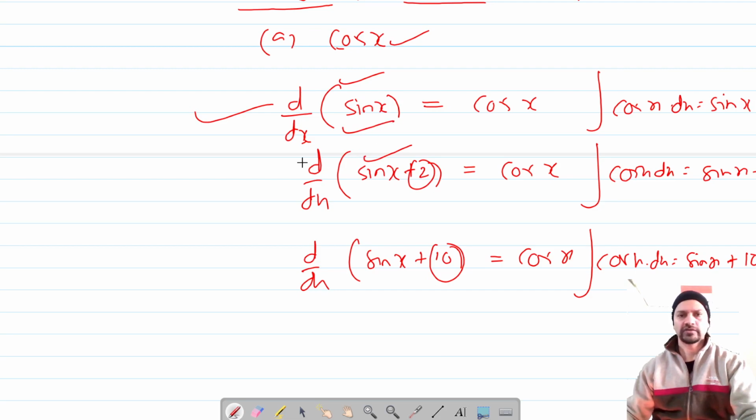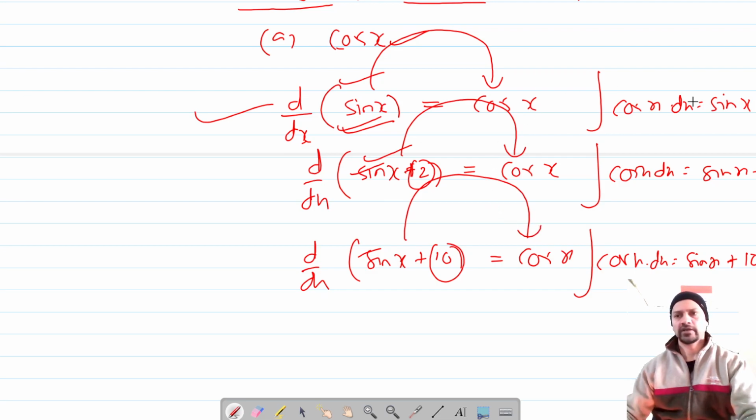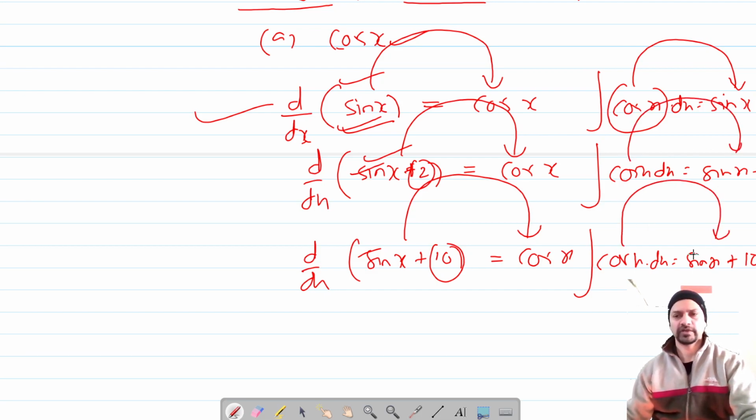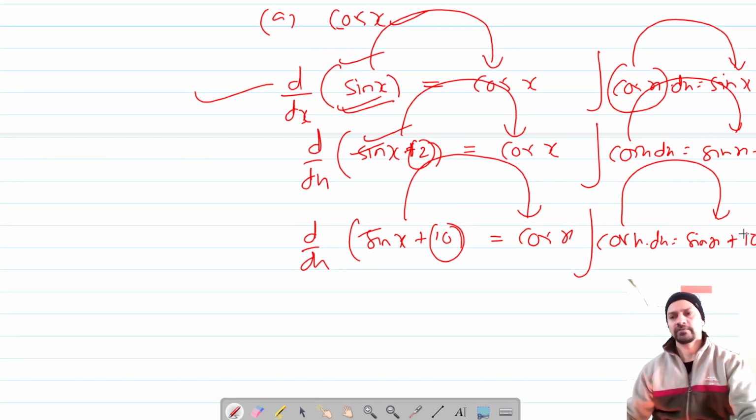Whatever constant is added to the same function will give you the same differentiation. And opposite to that, if I have to find the integral of cos x, that can be sin x, sin x plus 2, sin x plus 10, or sin x plus any real number.